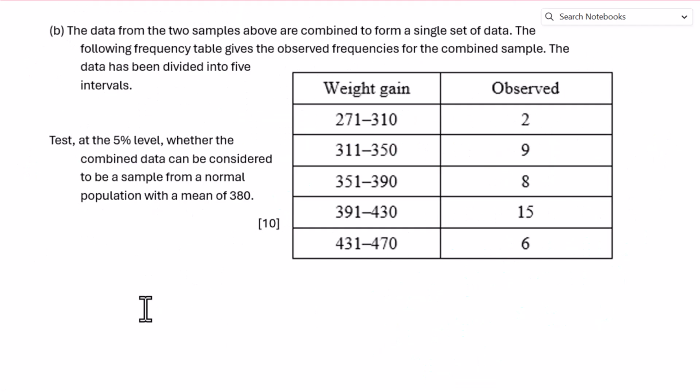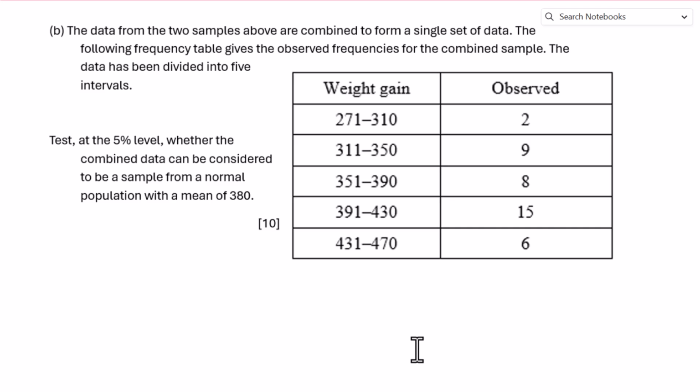B. The data from the two samples above are combined to form a single set of data. The following frequency table gives the observed frequencies for the combined sample. The data has been divided into 5 intervals.